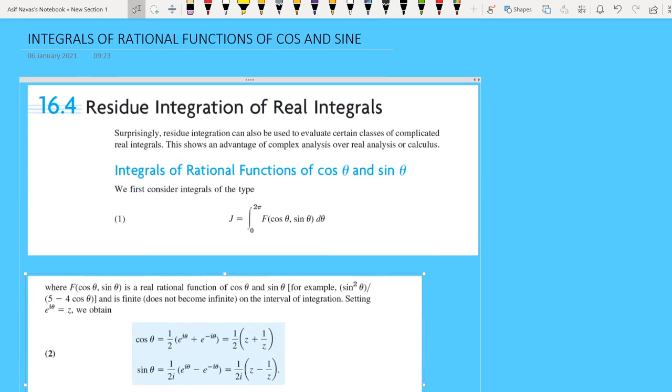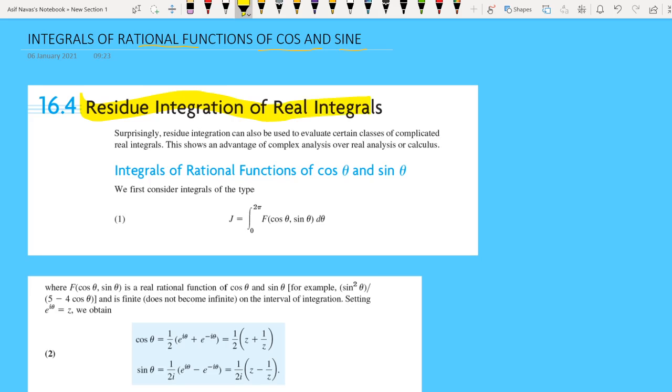Okay, so in this session we will discuss integrals of rational functions of sine and cosine. So the topic is residue integration of real integrals.